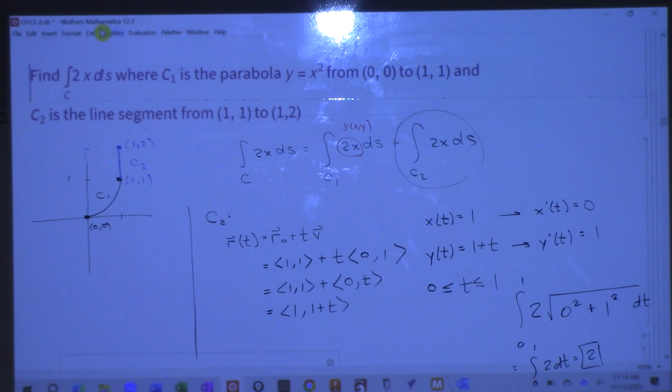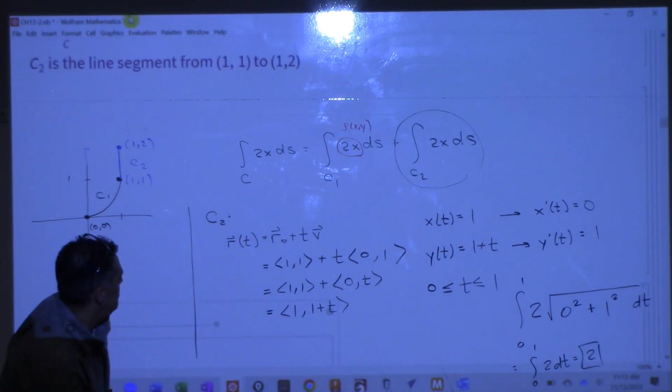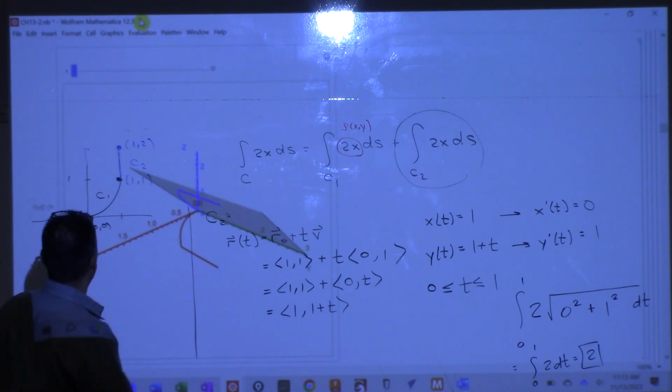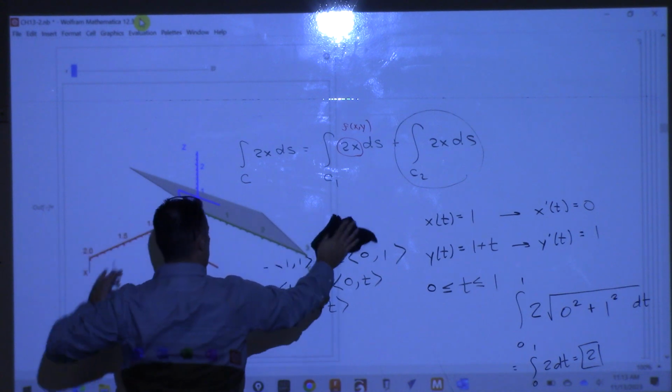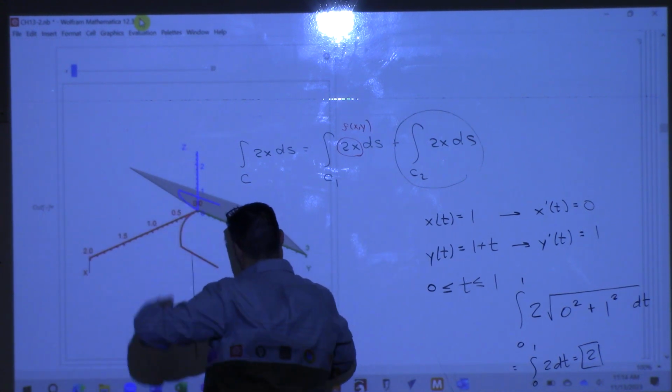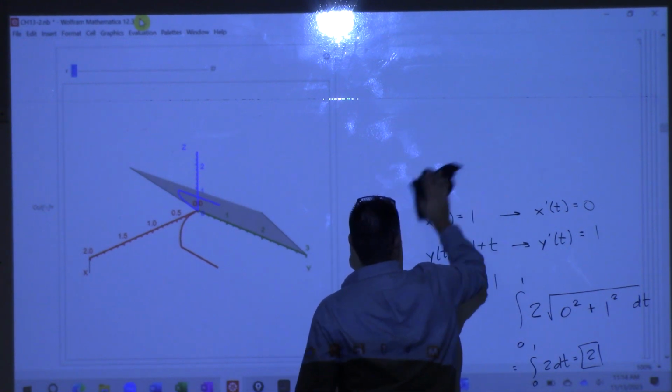Okay. Good. Take that answer, add it to the other one. That is the area of the curtain when you take, well, what is it? Let's make sure we see this geometrically. What was our surface up top? What was the equation of the surface up top? 2x. And what is 2x if you graph it?